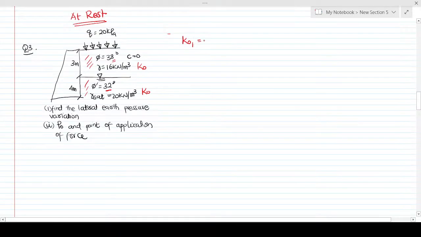So K naught one will be one minus sine phi one, which is one minus sine 38. Then K naught two will be one minus sine phi two, which is one minus sine 32.